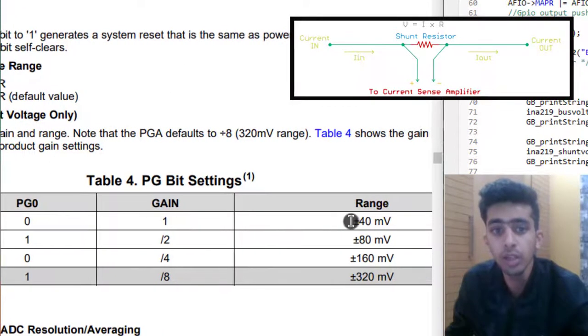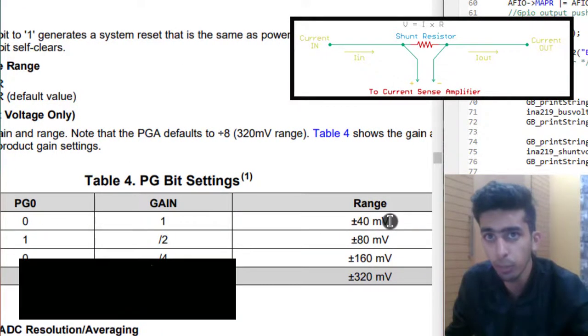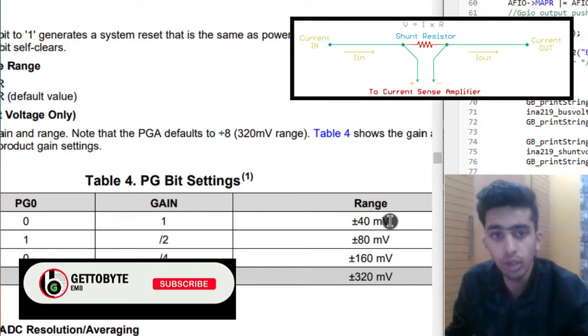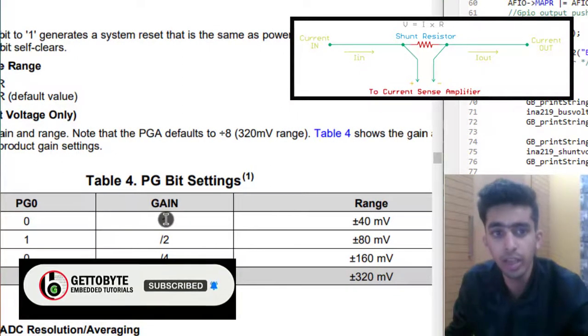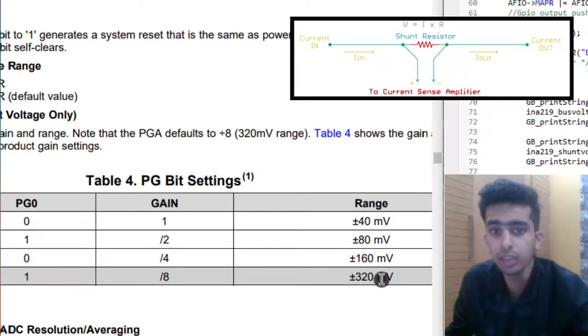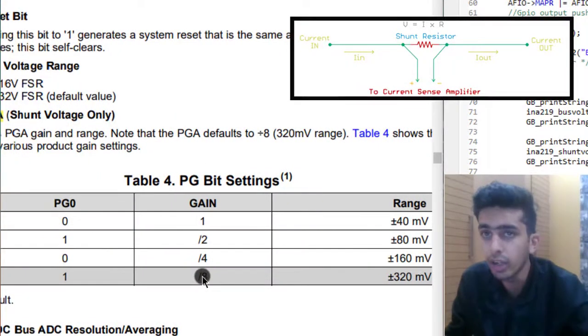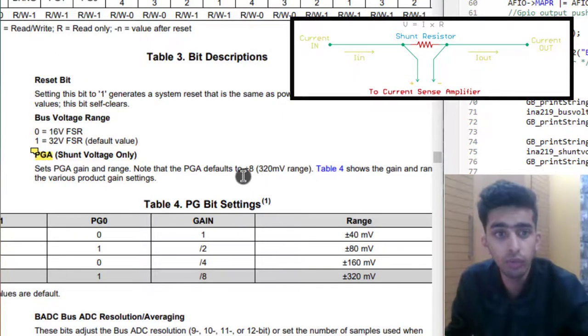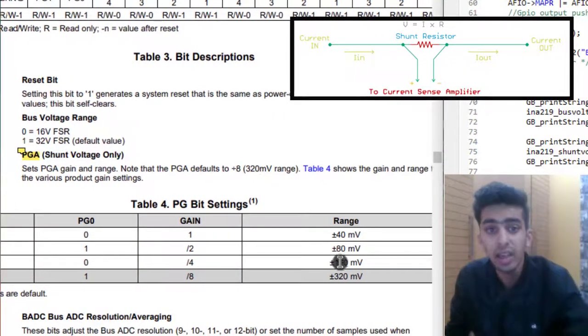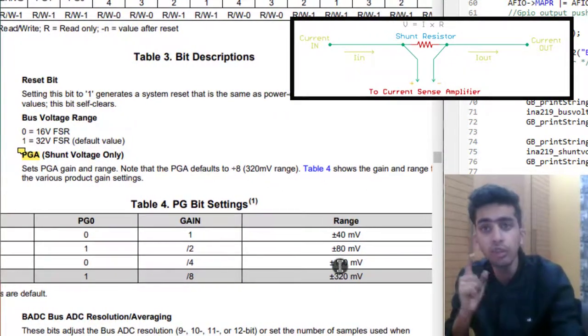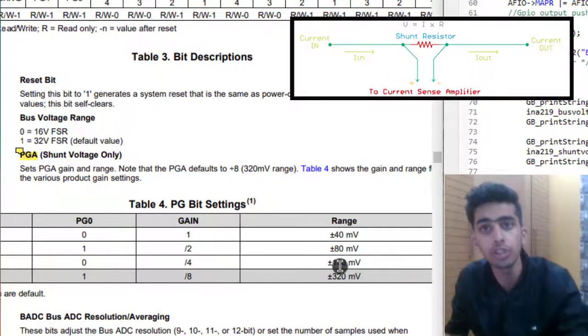If the differential voltage across the current sense amplifier is 40 millivolts, then my gain will be 1, and if it is 320 millivolts, then the gain will be divided accordingly. So we can configure it in such a way, and this parameter is very important for calculation of my shunt resistor.